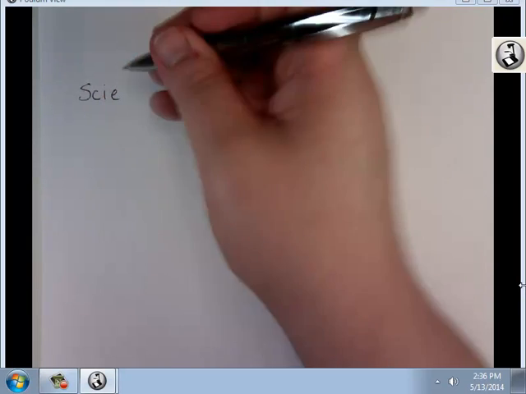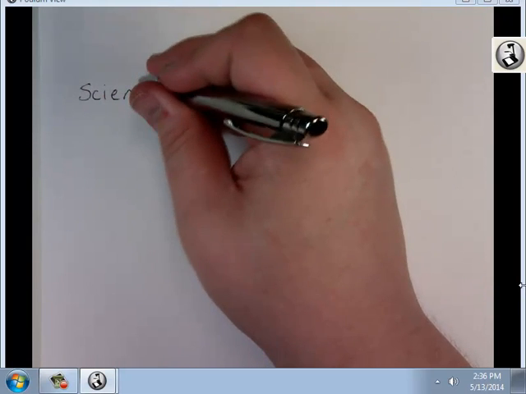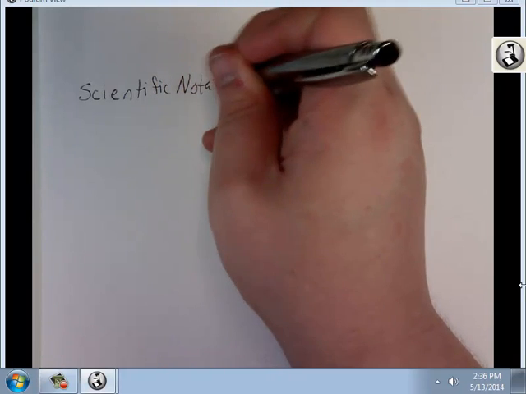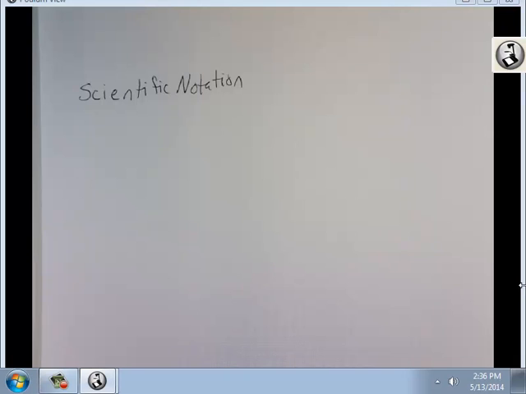This is the third video in Lesson 3, and this one is on scientific notation. Some numbers in the world are just too big or too small to work with.